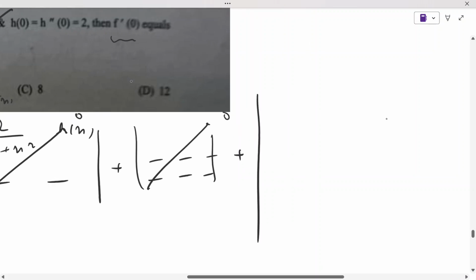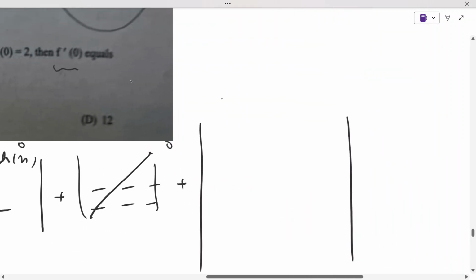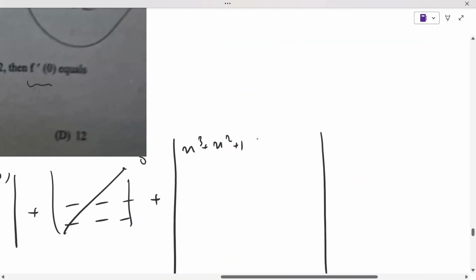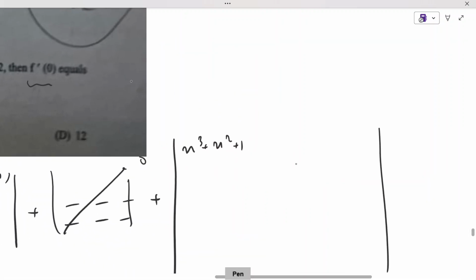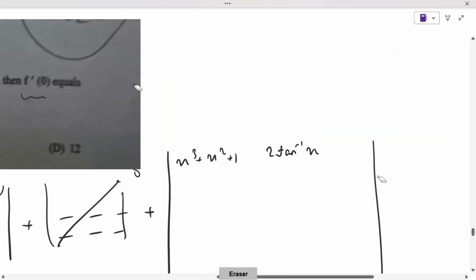The first two rows are as they are: x³ + x² + 1, x³ + x² + 1, x³ + x² + 1, and this is 2/(1+x²), as it is, not differentiated. Then 0, 2x.